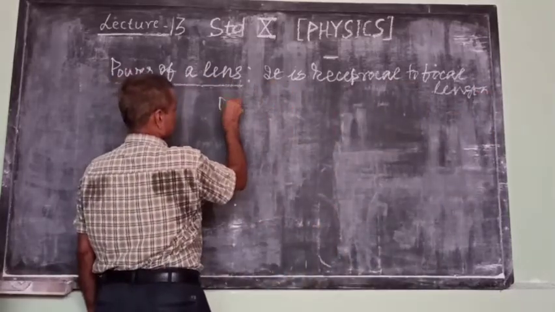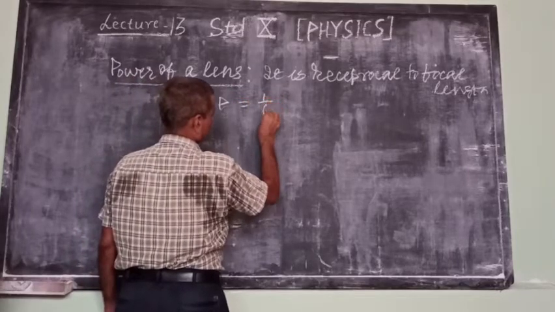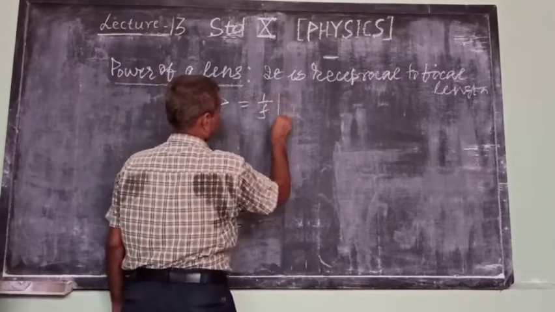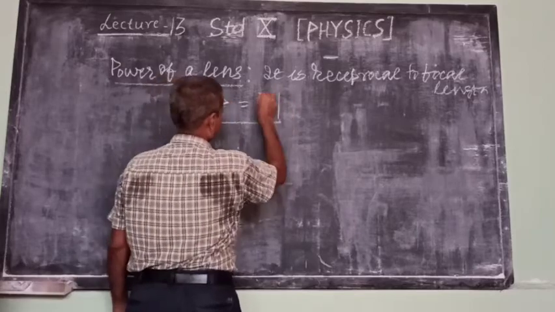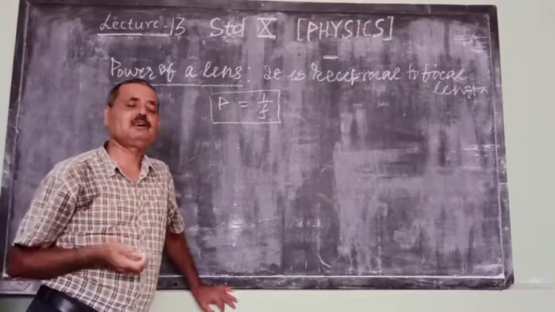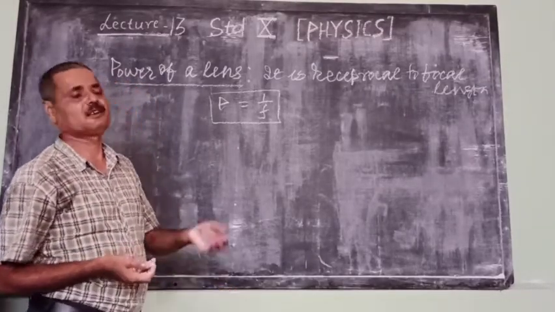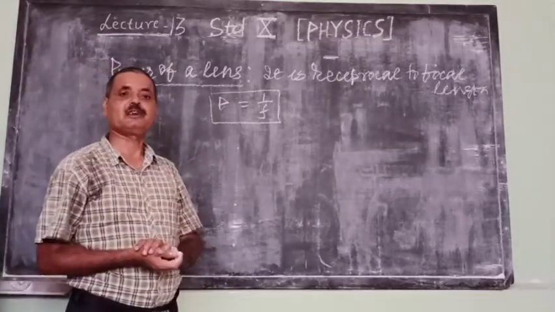Power of a lens is denoted by P. Then P is equal to the reciprocal of its focal length, that means 1 by f. This is the formula regarding power of a lens. If the focal length is in meter, then power of a lens is in diopter.